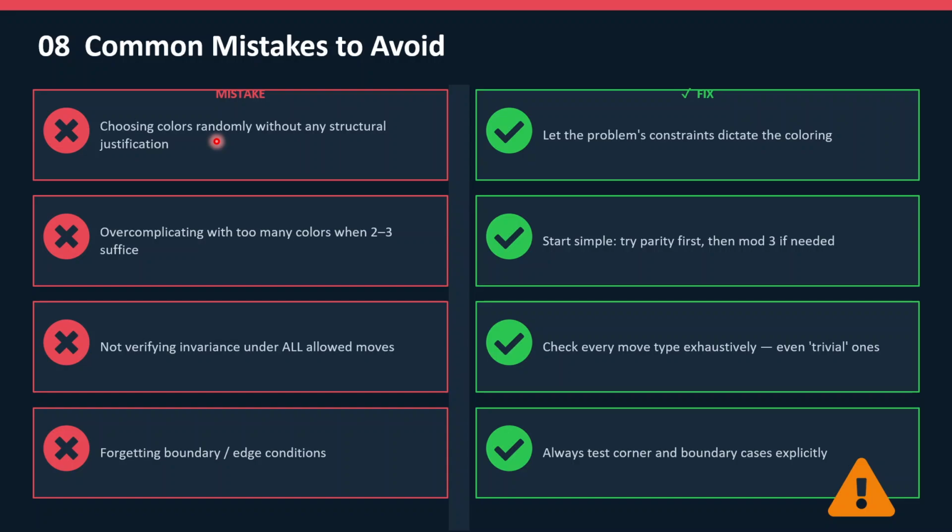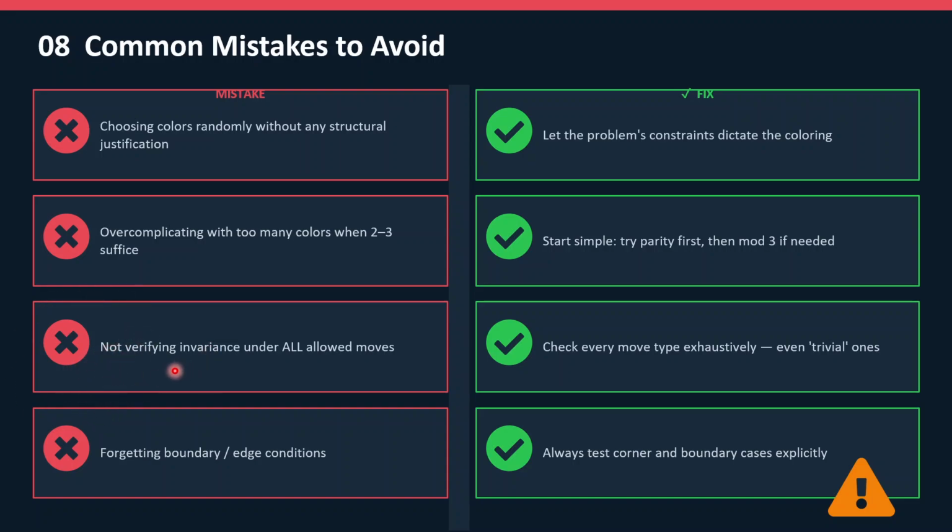That's completely bad, because the mod value is 0 but the coloring is different, which means it's wrong. Another mistake is overcomplicating with too many colors. Coloring with different colors to make things organized is good, but if you're coloring everything with different colors, it's overcomplicated. You should color only what is needed.